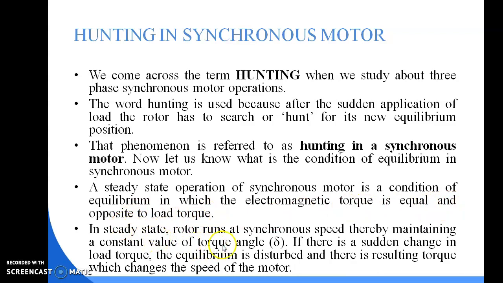In steady state, the rotor runs at synchronous speed, thereby maintaining a constant value of torque angle, that is delta. If there is a sudden change in the load torque, the equilibrium is disturbed and there is a resulting torque which changes the speed of the motor.